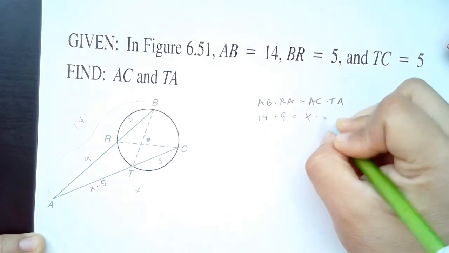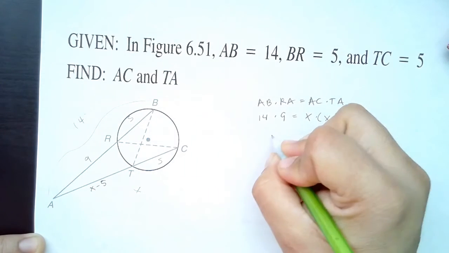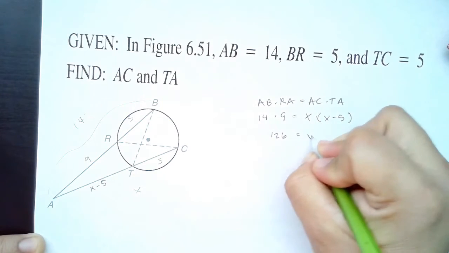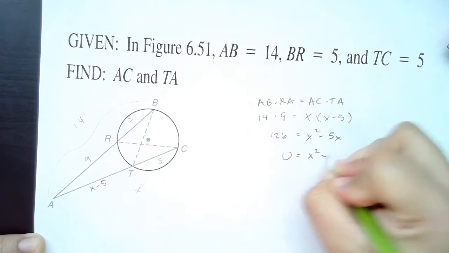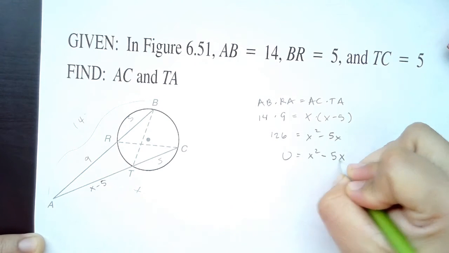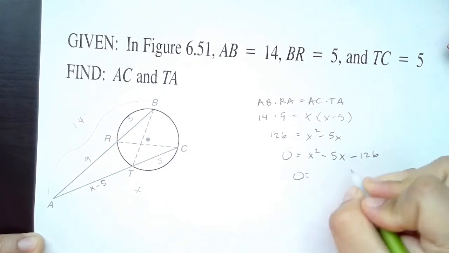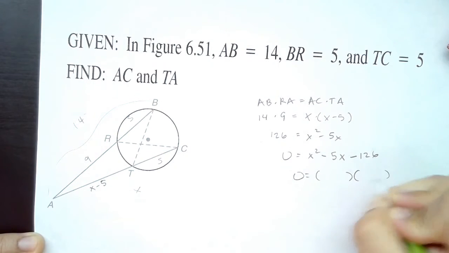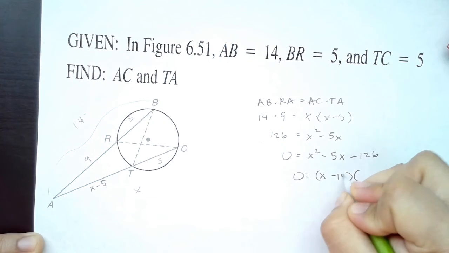So we have 126 is equal to X squared minus 5X. So 0 is equal to X squared minus 5X minus 126, subtracting both sides by 126. And then we just factor. So X minus 14 and X plus 9. These are the two factors of 126 that when you combine them together equals negative 5.